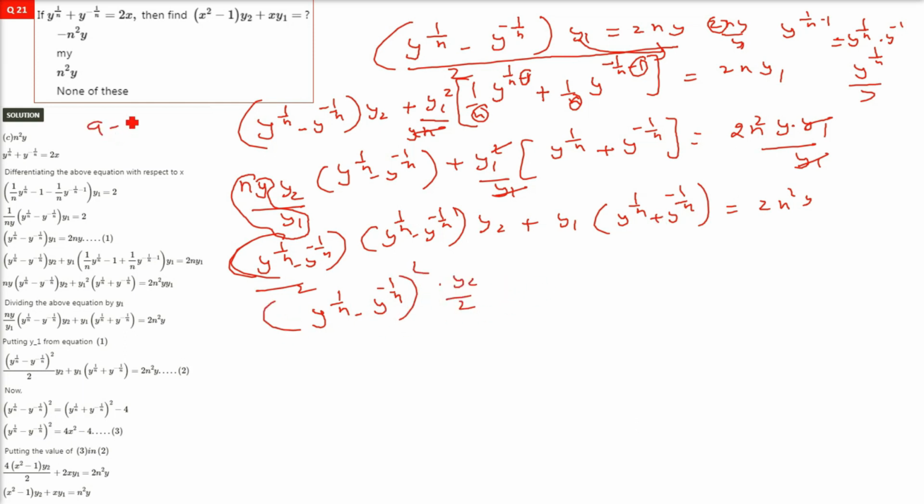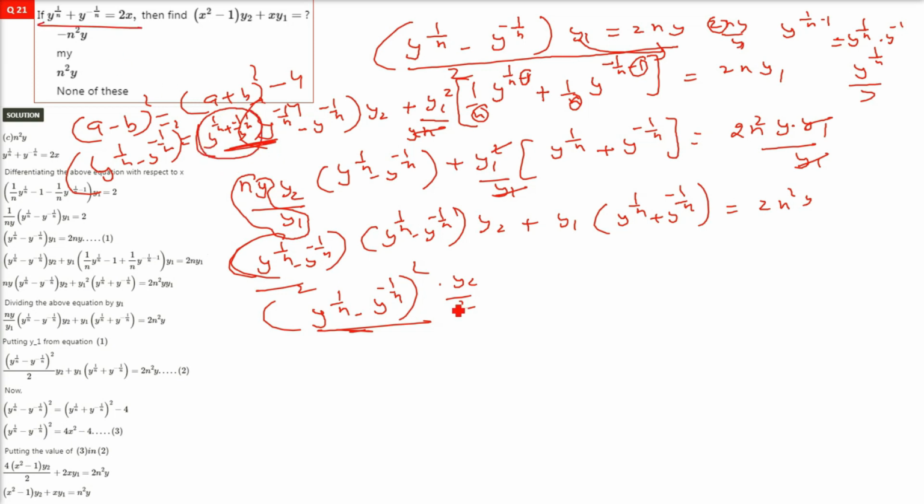Now see, a minus b whole square can be written as a plus b whole square minus 4ab. This y raised 1 by n minus y raised minus 1 by n whole square is nothing but y raised 1 by n plus y raised minus 1 by n whole square minus 4. So I am replacing this term with the formula which I just gave you.